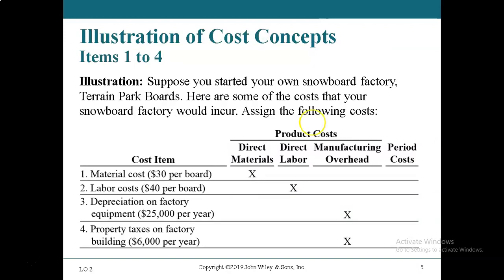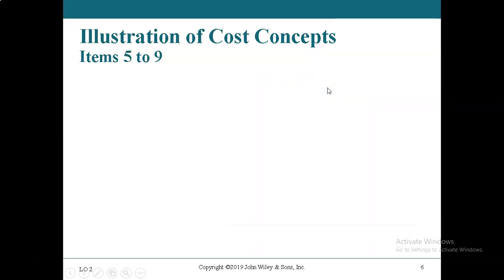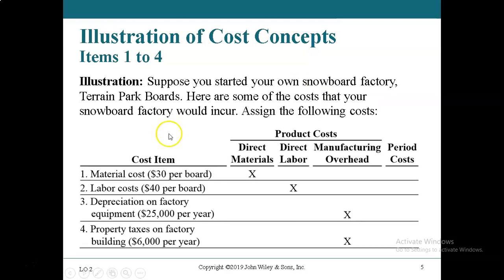Here are a couple of examples. This is a snowboard factory in this example. If you use materials, the materials are direct materials. The labor cost is direct labor.